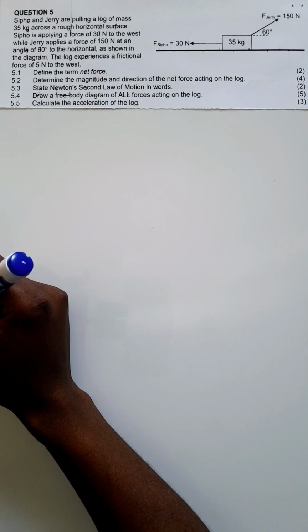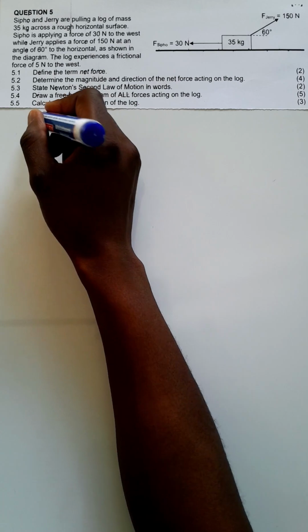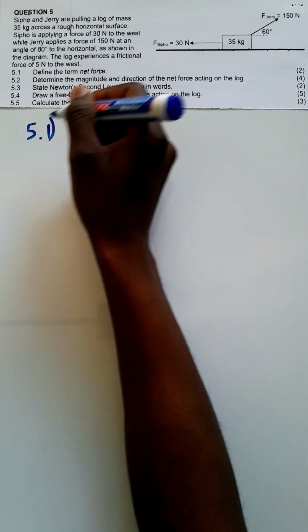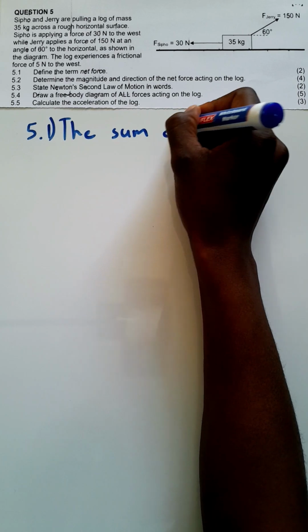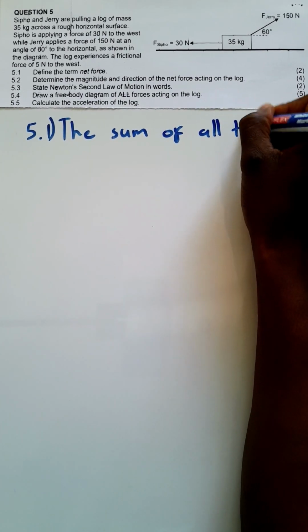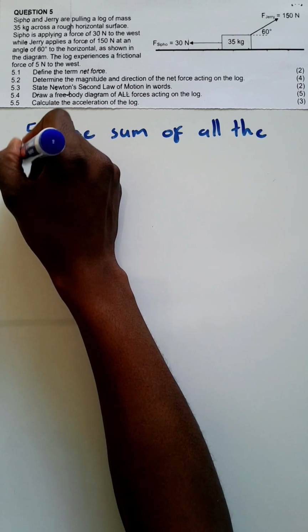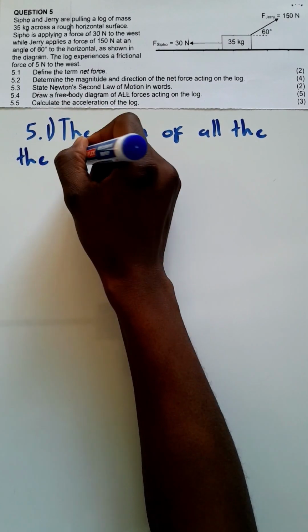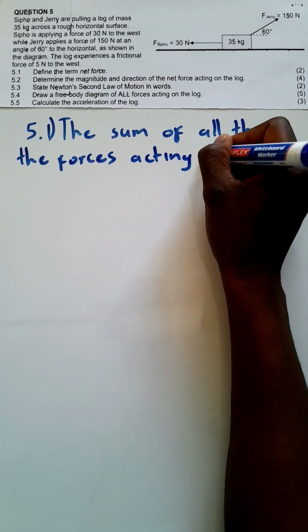Let's start with the definitions here. We have defined the term net force. Net force is the sum of all the forces acting on an object.